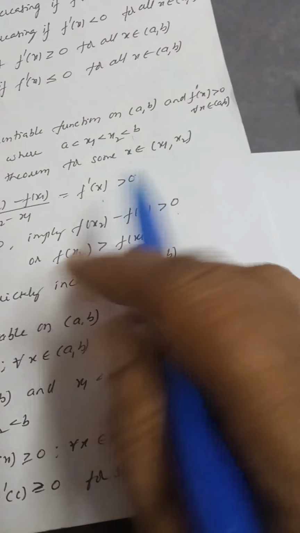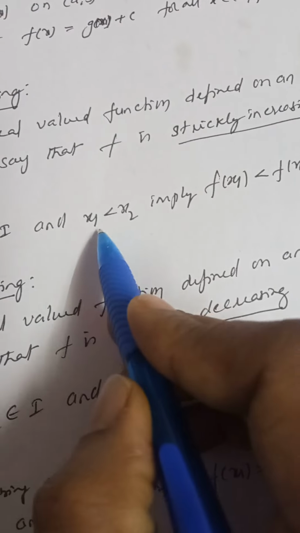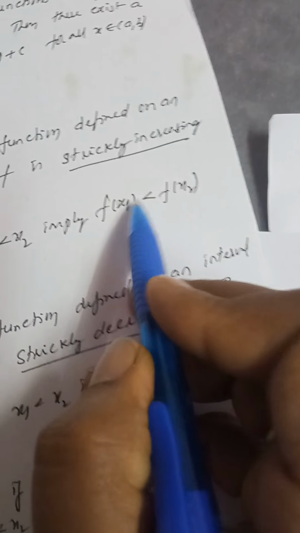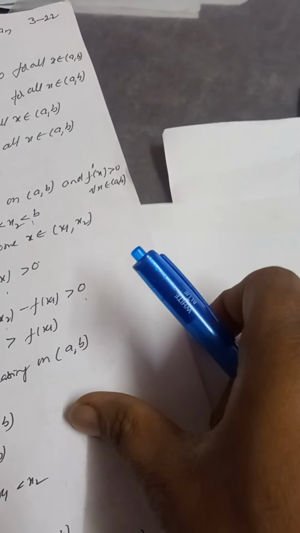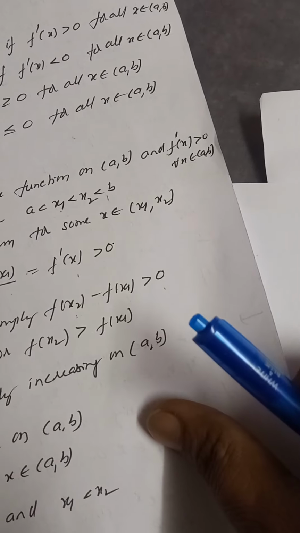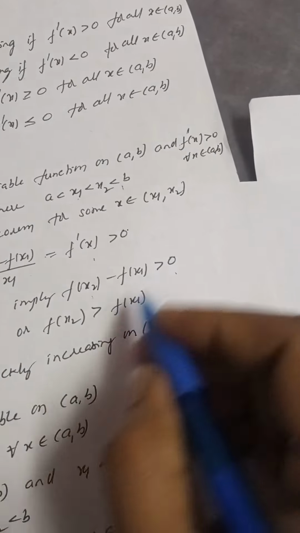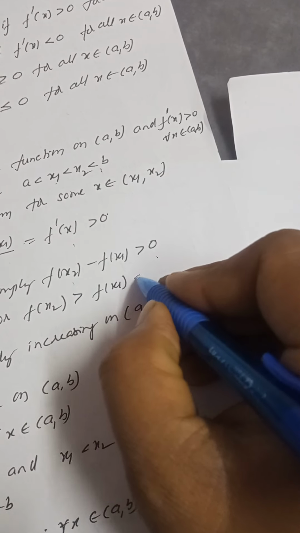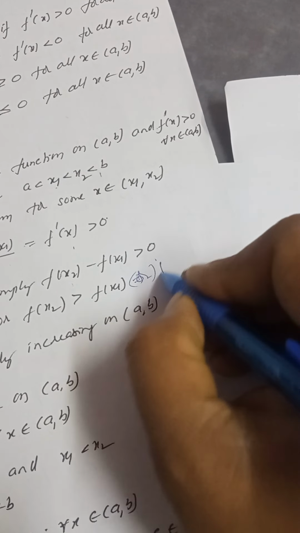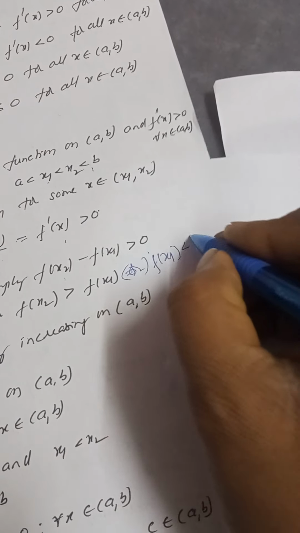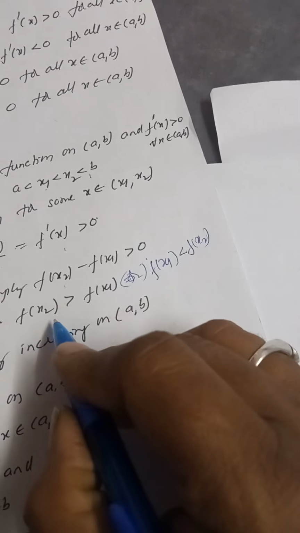We got this definition, no? As per our definition, for x1 less than x2, if f of x1 is less than f of x2, it is increasing.